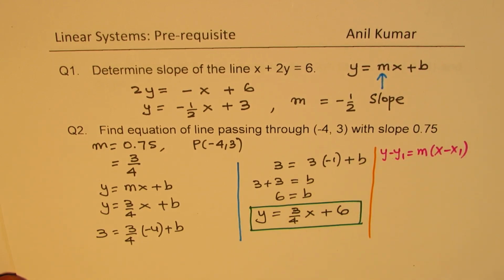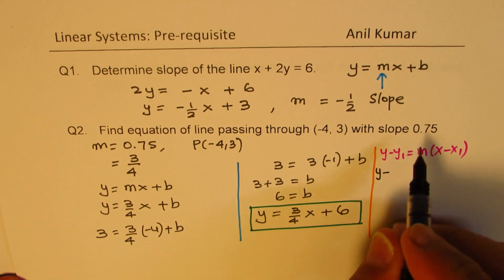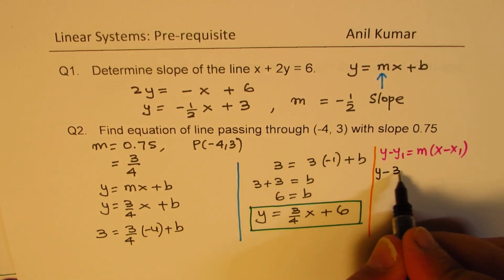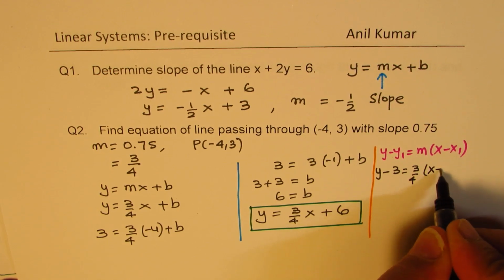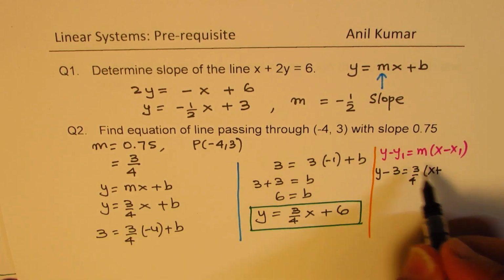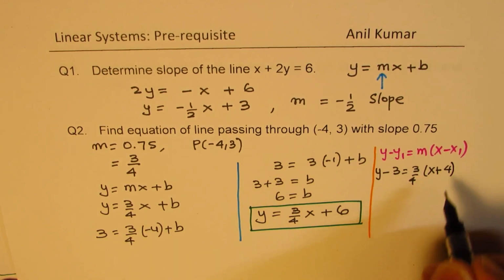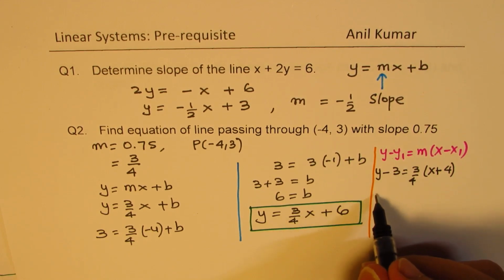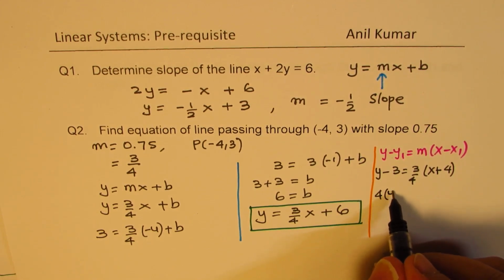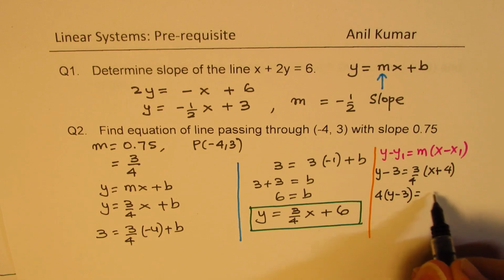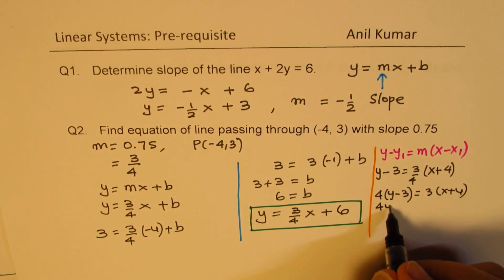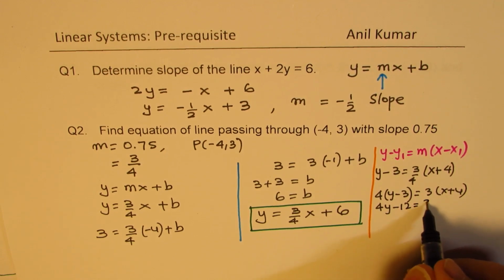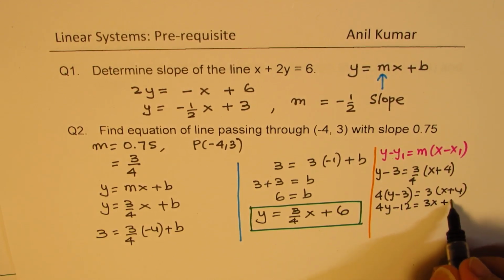So in this particular case, we get y minus 3 equals m, which is 3 over 4, times x minus x1, which is minus 4. So it becomes like this. So we can now cross multiply. We get 4 times y minus 3 equals 3 times x plus 4, which is 4y minus 12 equals 3x plus 12.